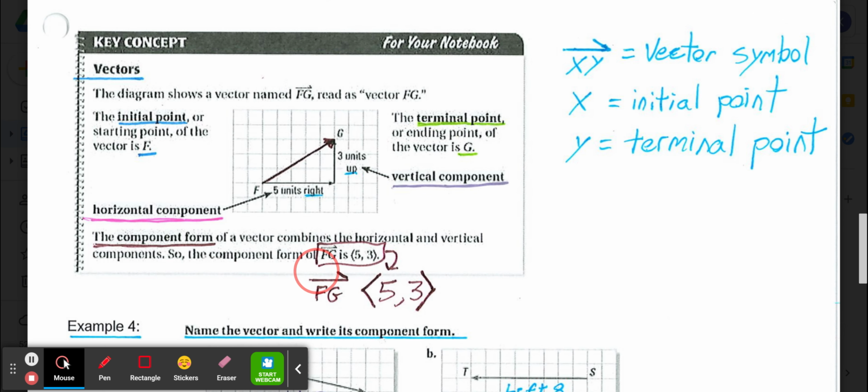So the component form for vector FG is written as <5, 3>, inside these angle brackets. So it's vector FG, and then instead of rounded parentheses, it's these greater than, less than brackets, which is our vector notation. And what this means is vector FG tells us that it would be a shift 5 units right, 3 units up.